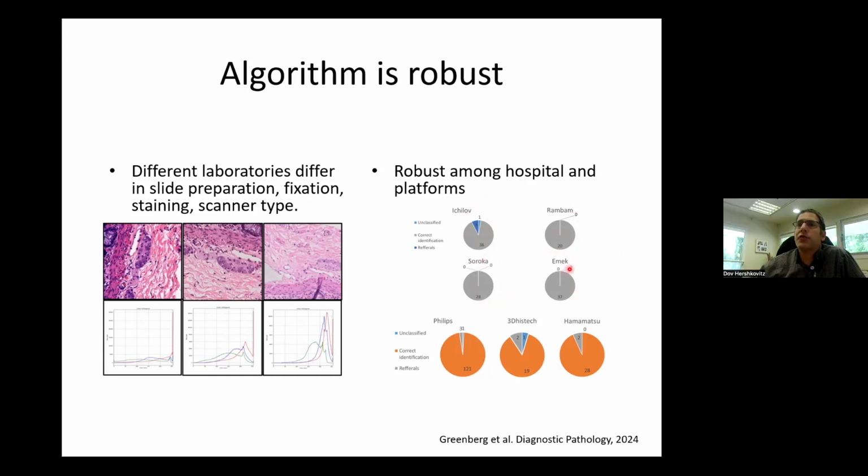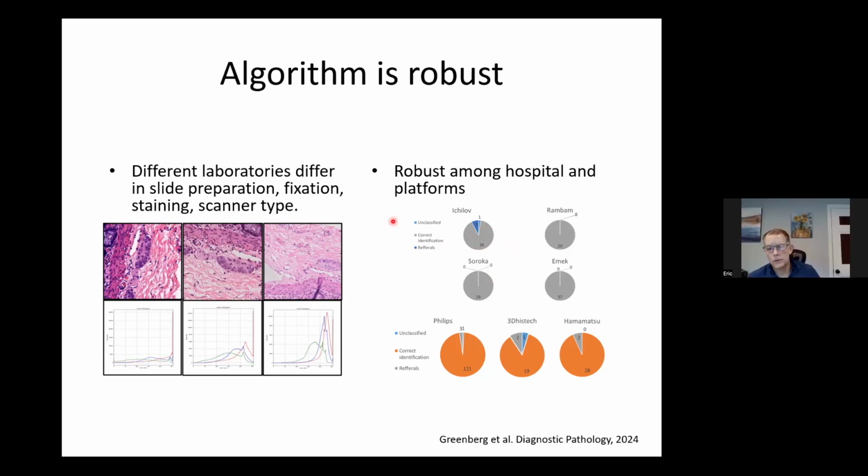Different hospitals. Those are medical centers. Okay. Yeah, these are different medical centers, and the number of cases and the correct identification is the gray area. Yep. And few of them required referral, but very few. In most cases, the algorithm was enough so that even a non-expert pathologist was able very easily to make the accurate diagnosis.